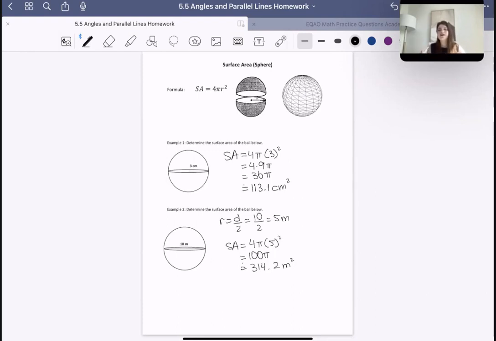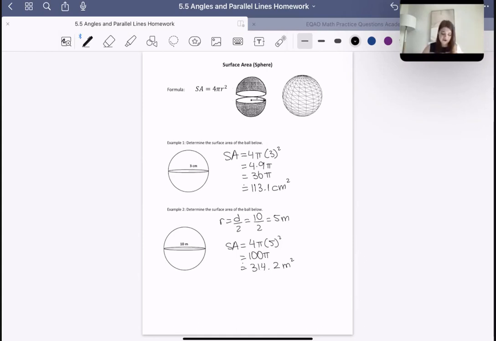So luckily, surface area for a sphere is a pretty simple one, right? It's really just pi r squared, and then we multiply it by 4. So in terms of finding the surface area of the sphere, it's not really much harder than finding the area of a circle. There's really only one variable we have to account for, which is the radius.